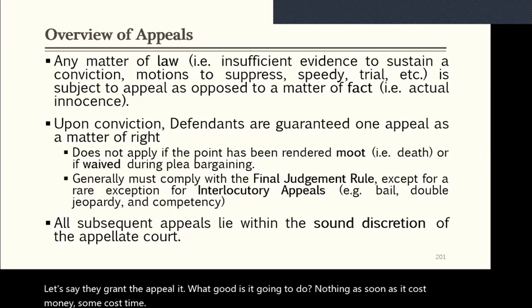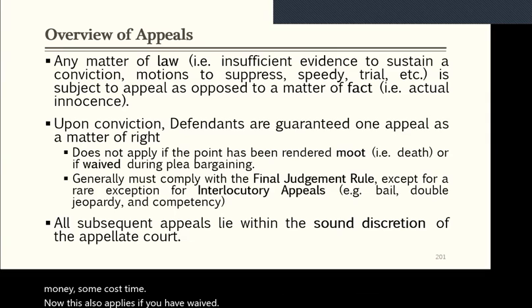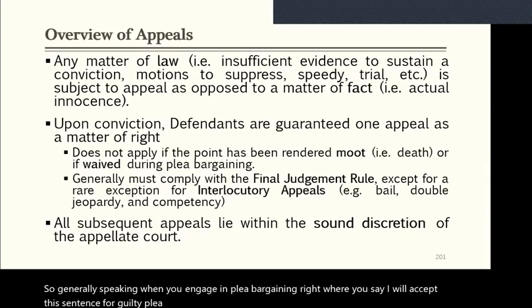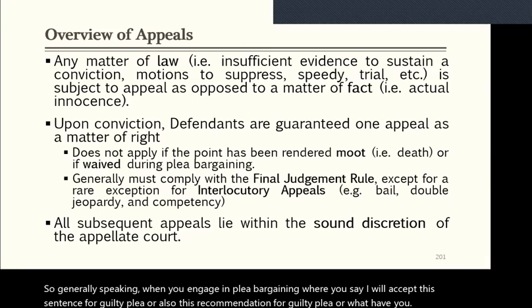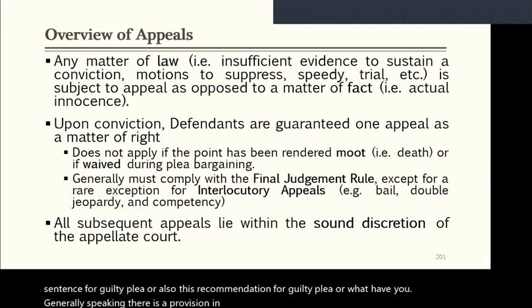Now, this also applies if you have waived your right to an appeal. Generally speaking, when you engage in plea bargaining, where you say, I will accept this sentence for a guilty plea, or I'll accept this recommendation for a guilty plea, there is a provision in the plea agreement that you waive your right to an appeal.